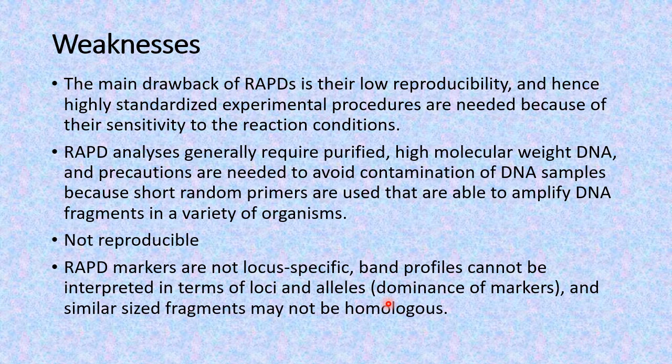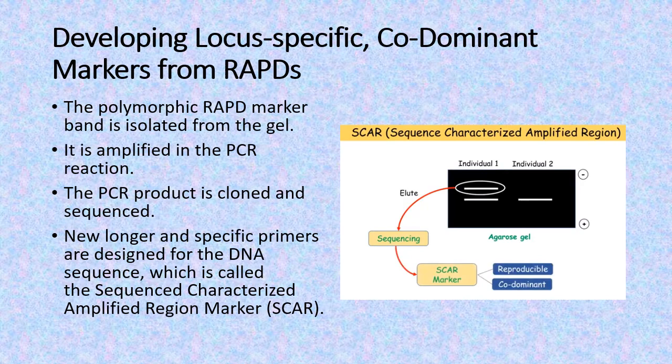And similar sized fragments, it is not essential that if the size of a particular DNA in the gel is the same, the sequence of the nucleotide or the gene present on that segment is also the same. So this RAPD analysis needs certain modifications for use as a genetic marker.